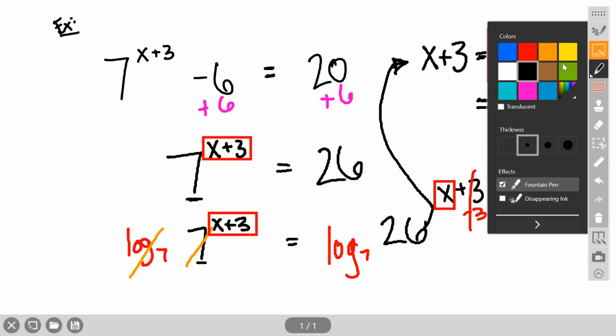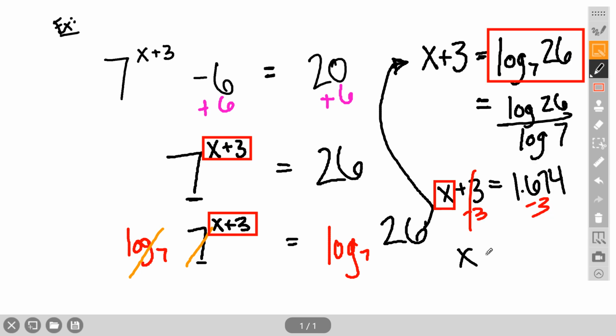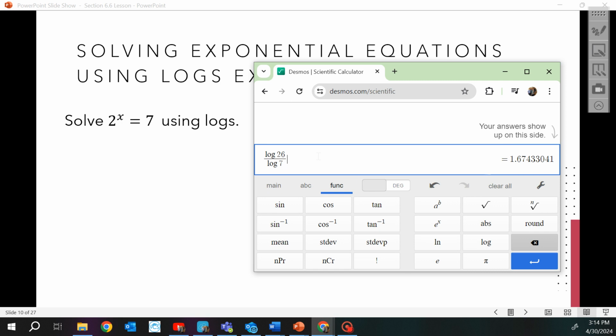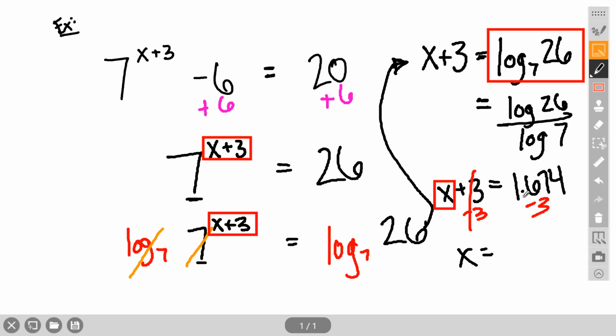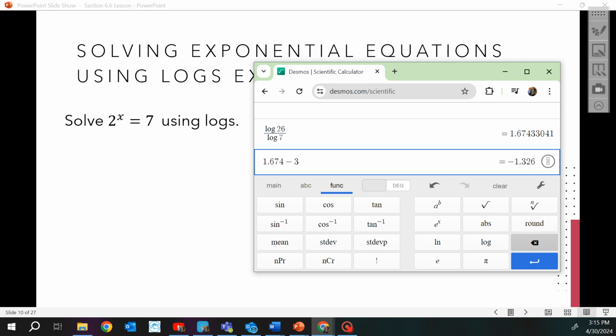Okay, so once again, we're going to need our calculator, unless you know what this is. 1.674 minus 3. It should be negative.